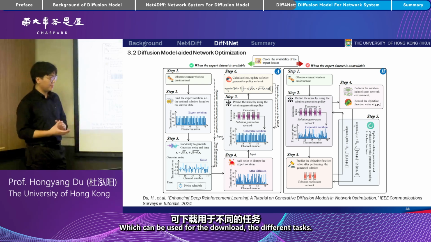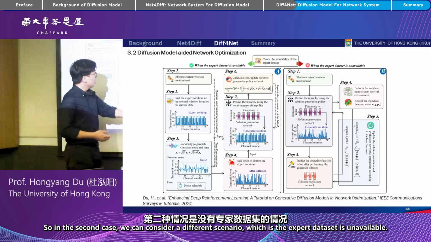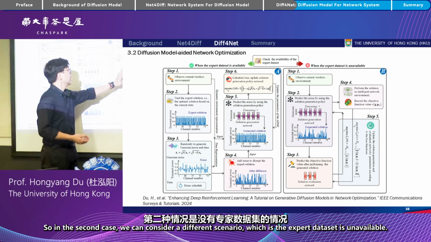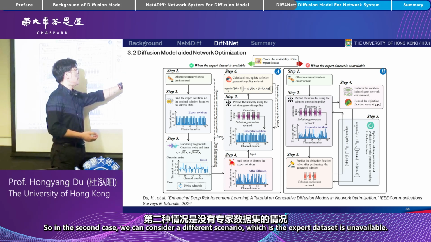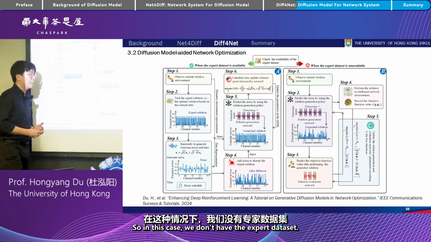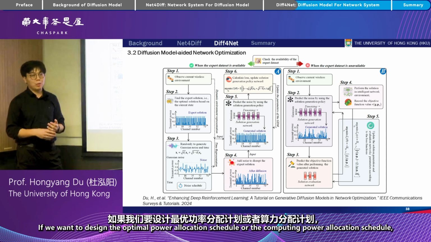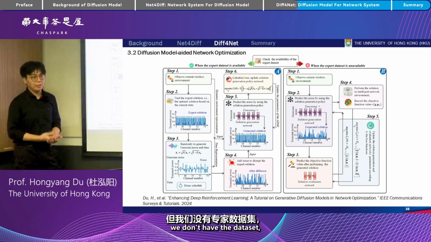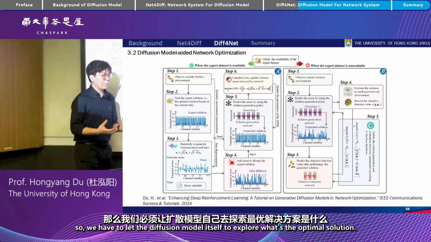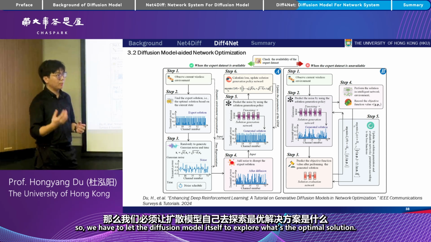So in the second case, we can consider a different scenario, which is when the expert dataset is unavailable. So in this case, we don't have the expert dataset. For example, if we want to design the optimal power allocation schedule or the computing power allocation schedule, we don't have the dataset. So we have to let the diffusion model itself explore what's the optimal solution.